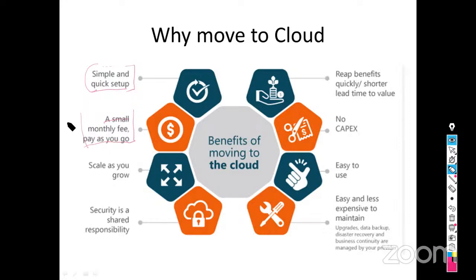Like if your office runs from Monday to Friday, and on Saturday and Sunday you are not giving any services to clients, if your servers are in shutdown state, you do not need to pay. Or if your services are in stop state and you are not launching any services, you do not need to pay for these two days. You pay only for what you are using.